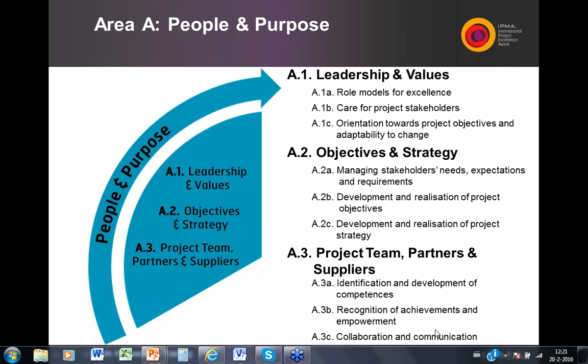The third sub-criteria in the people and purpose area is all about project team, partners, and suppliers. So it's about identification and development of competencies of these 3 groups, as well as recognition of achievement and empowerment, as well as the level of collaboration and communication. This is Area 1, and as I said before, this is the foundation for excellence.